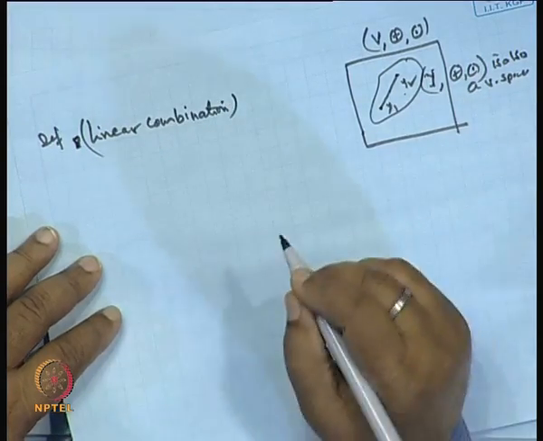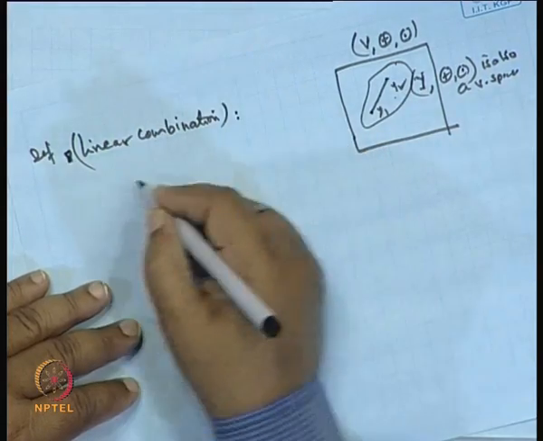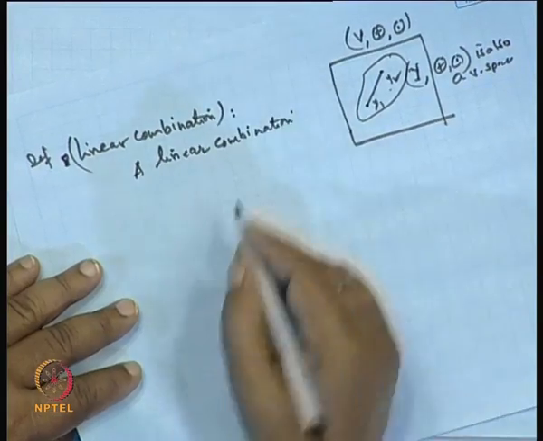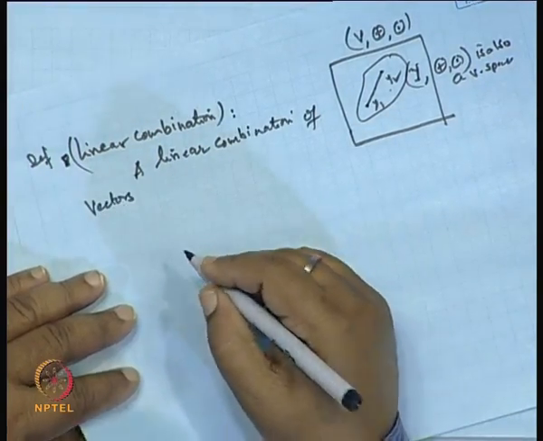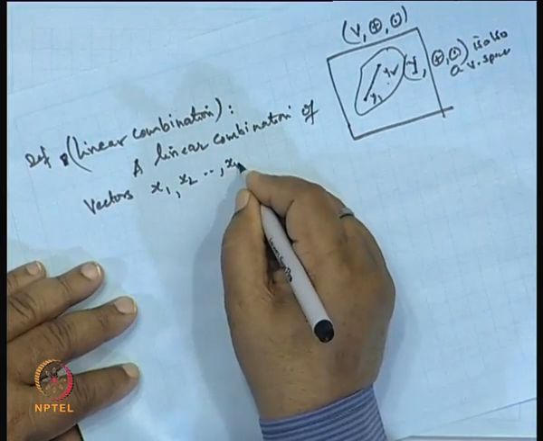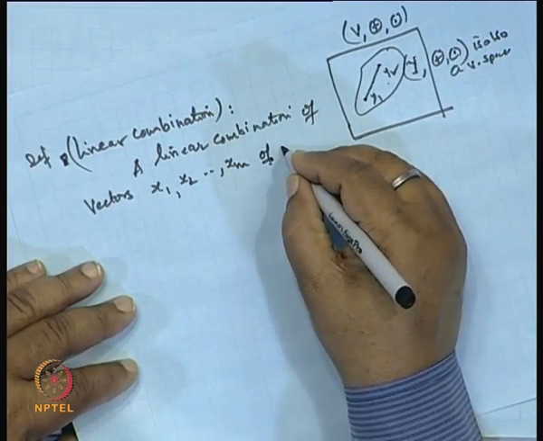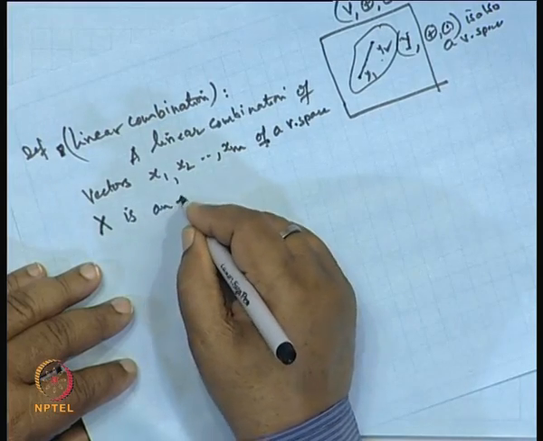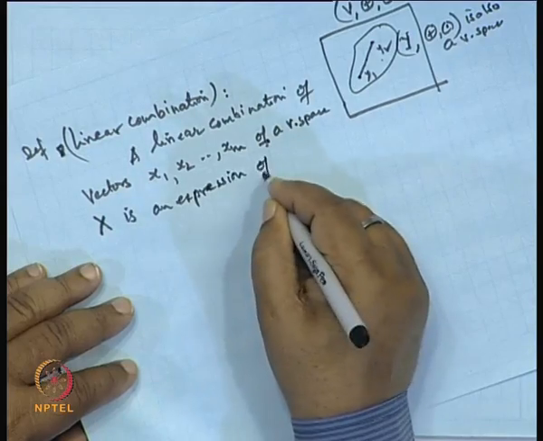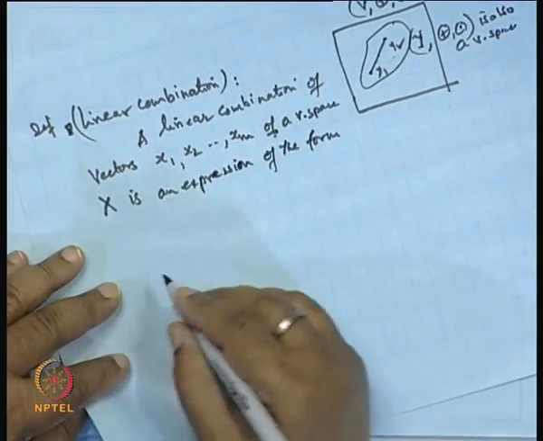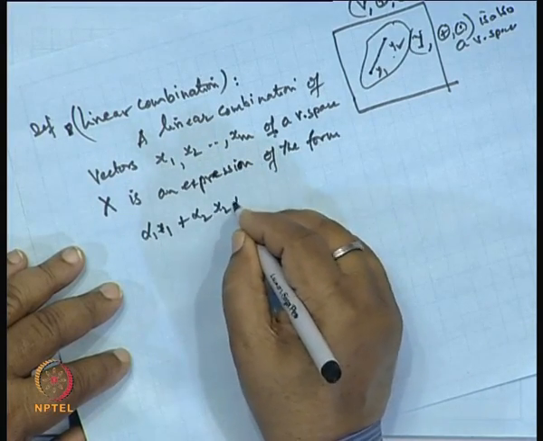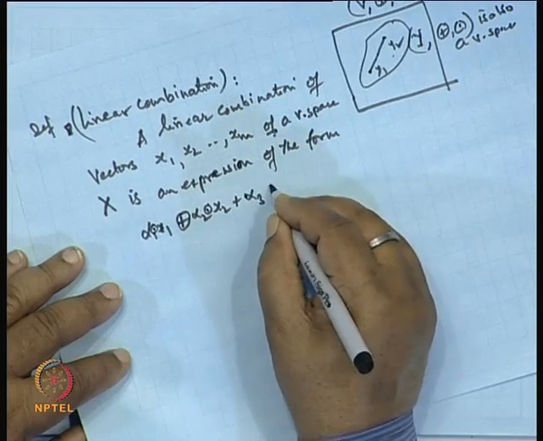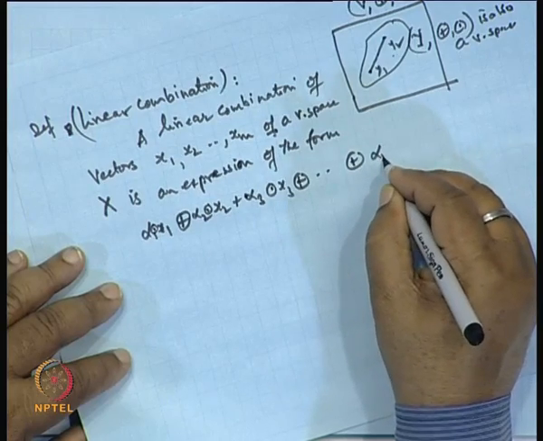A linear combination of vectors x 1, x 2, up to x m of a vector space X is an expression of the form alpha 1 x 1 plus alpha 2 x 2, in fact, with the dot product there, plus alpha 3 x 3, plus up to alpha m x m.